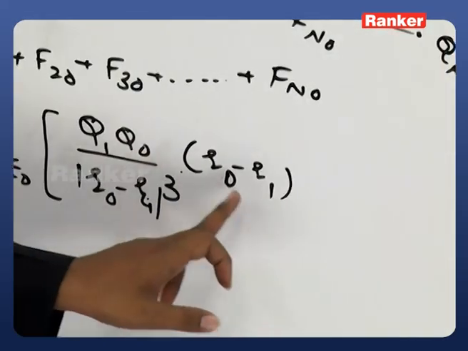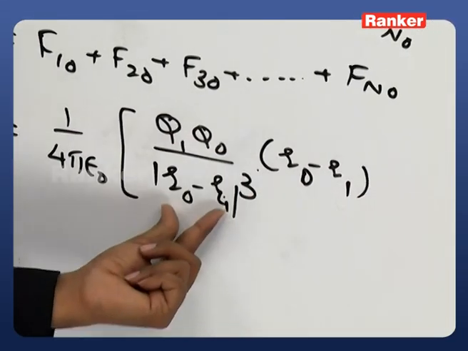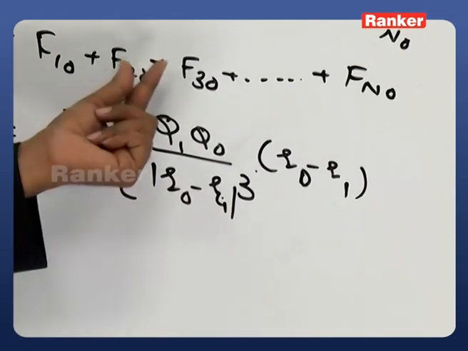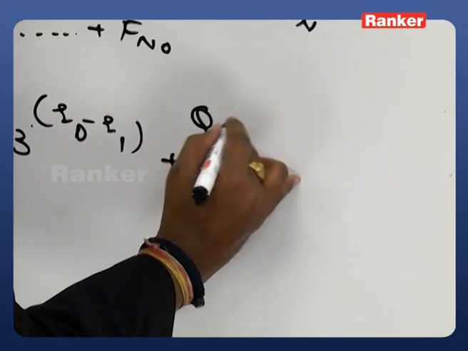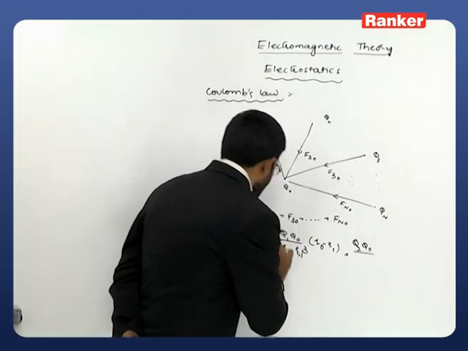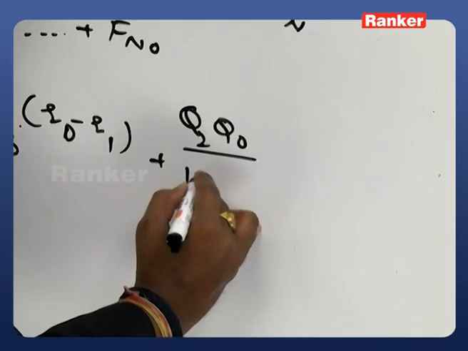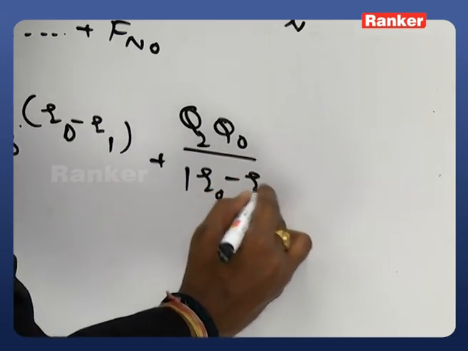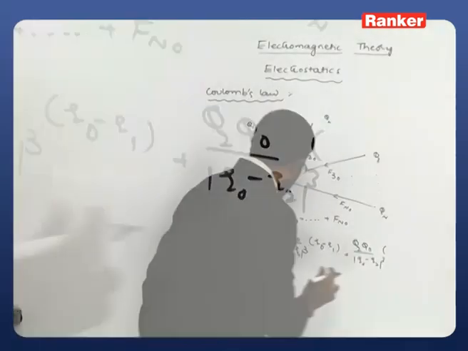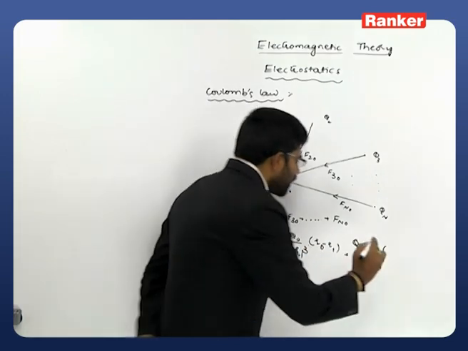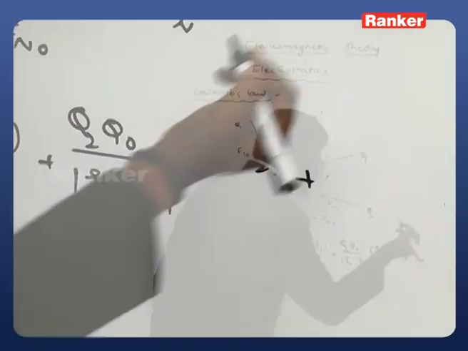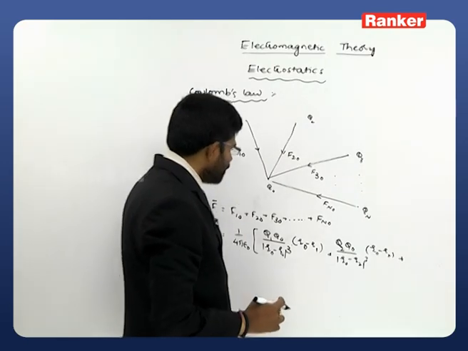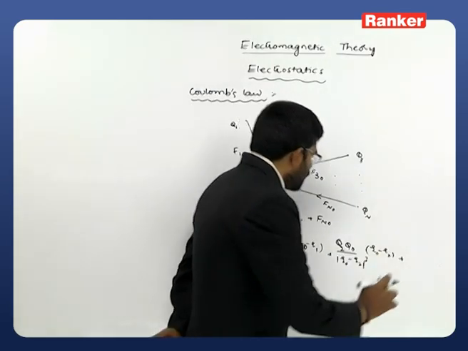So R0 minus R1 is the distance vector and this is its magnitude. And the second force, plus Q2 Q0 divided by the magnitude R0 minus R2 whole cube, and for this one the distance vector is R0 minus R2. Plus, for the third one, you can write the same quantity.